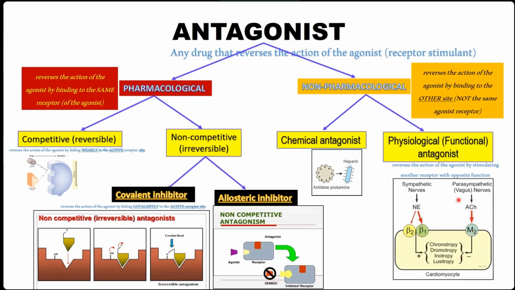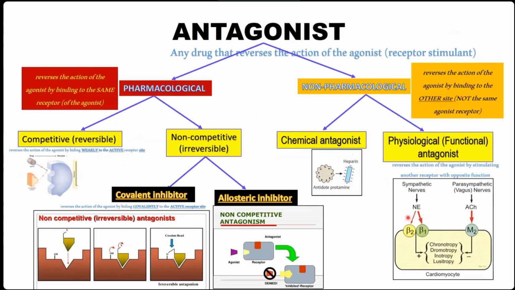So if we consider acetylcholine here, this is a cardiomyocyte, a striated muscle cell of the heart. And this is the acetylcholine that is released from the vagus nerve, the parasympathetic nerve that reaches the heart. This is a terminal nerve ending, and acetylcholine stimulates muscarinic M2 receptors to cause a negative chronotropic effect: reduced heart rate, reduced cardiac contractility, and reduced cardiac conduction velocity. So everything is reduced: contractility, heart rate, and conduction velocity.